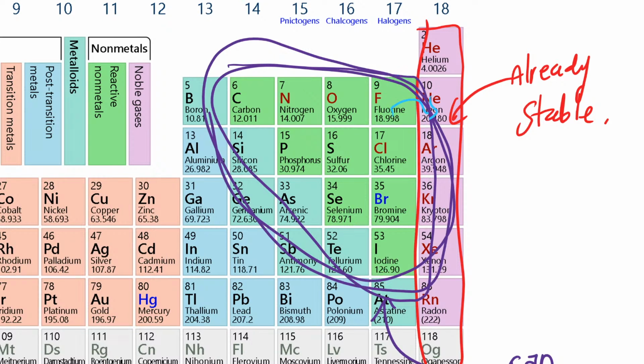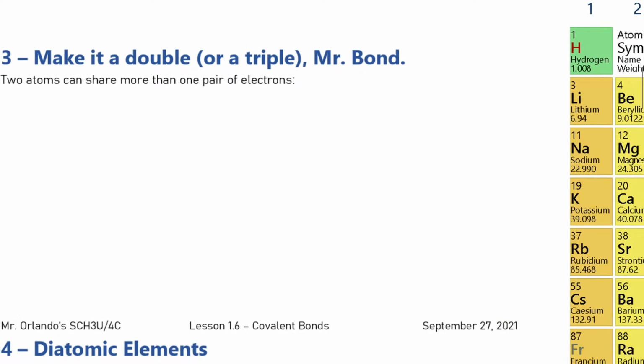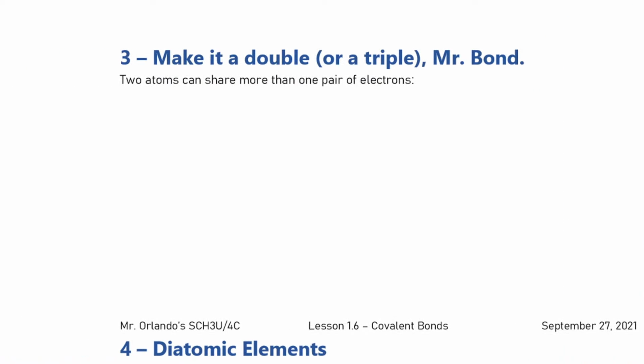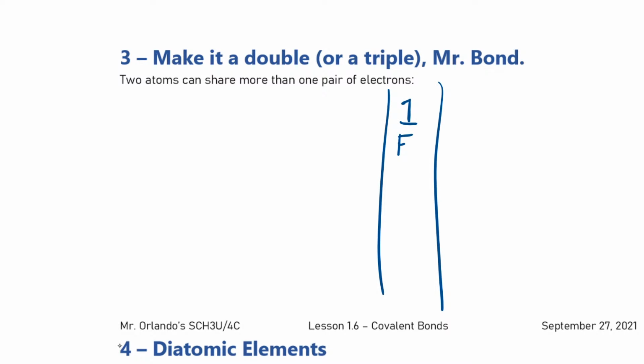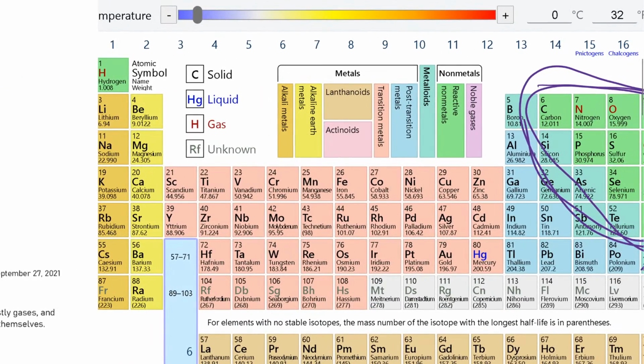We know that if they were taking electrons, they would take one electron and take a -1 charge. In this case, they're not going to take a charge because they're not going to take an electron, but they will make one bond.